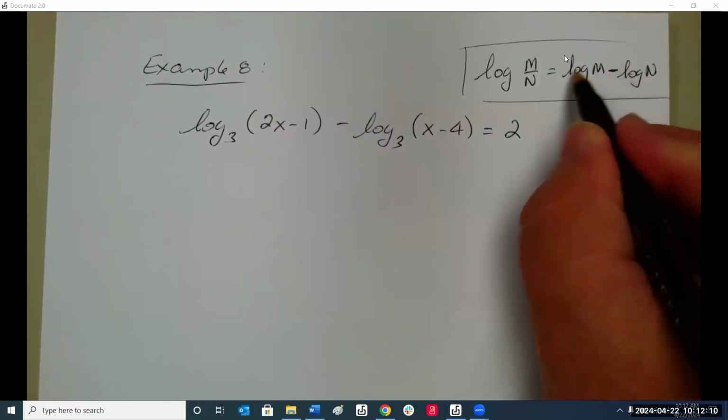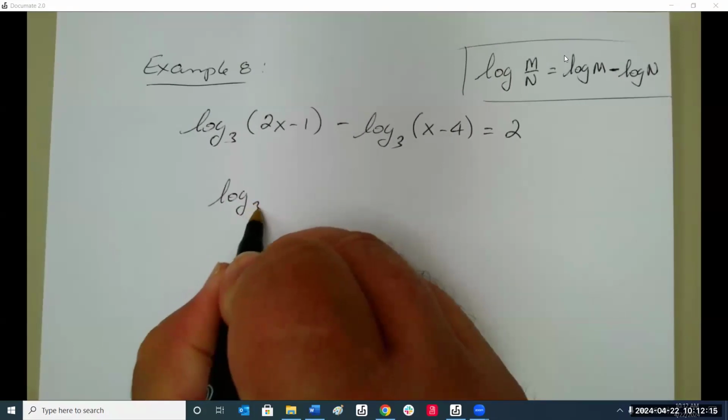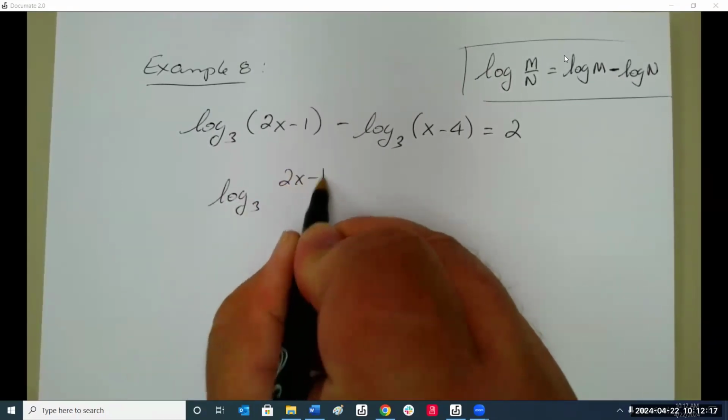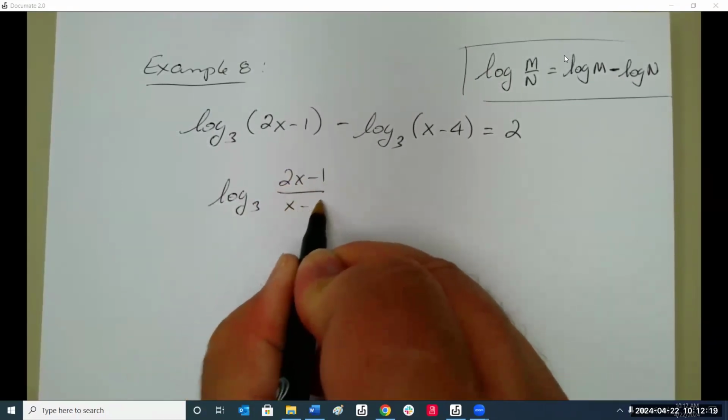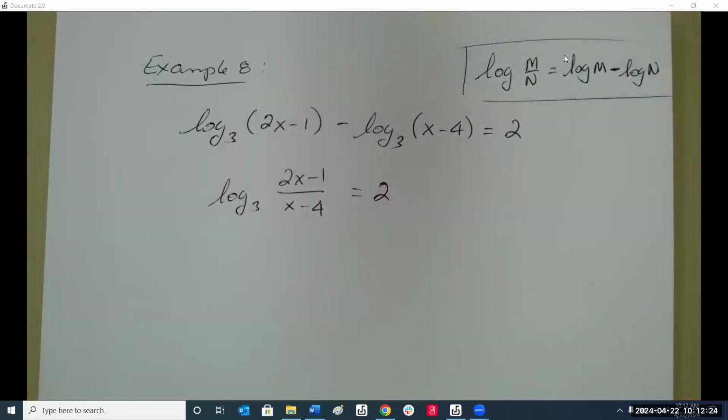Since it's a subtraction, one's positive, one's negative, then I could combine both of these as a rational equation. Okay, so that's using the properties. Now what do I do? I use the properties to combine them. Now I gotta do what?